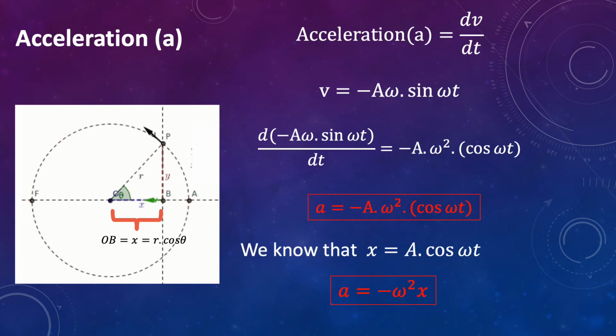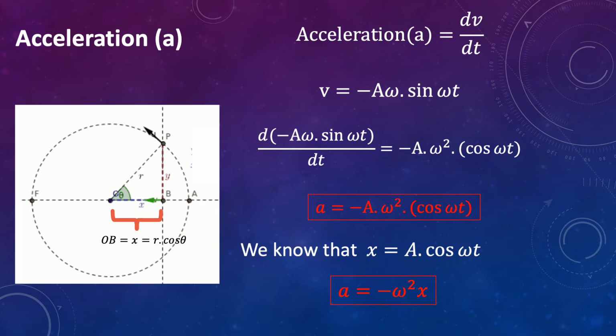Now let's derive the equation for acceleration. Acceleration is defined as the rate of change in the velocity. We derived the velocity of simple harmonic motion before as negative A omega sine omega t. Since A and omega are constants for a particular motion, we keep both as they are. The differentiation of sine omega t is omega times cos omega t.